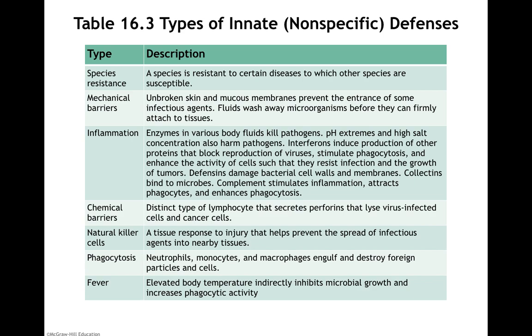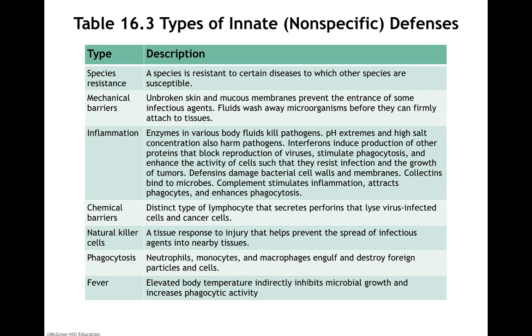So non-specific defenses would include a species resistance. So some species are resistant to diseases that other species are susceptible to. We have mechanical barriers. Skin is a very good one. Mucous membranes have to allow for some exchange, but they're still very good at keeping out infectious agents, washing them away before they can attach to tissues. Inflammation is a process by which we use chemicals to non-specifically protect us against pathogens.